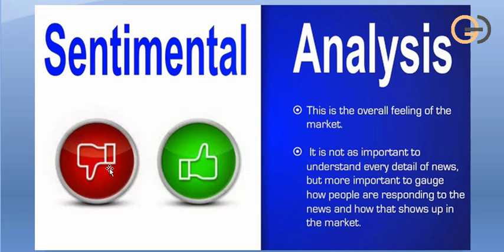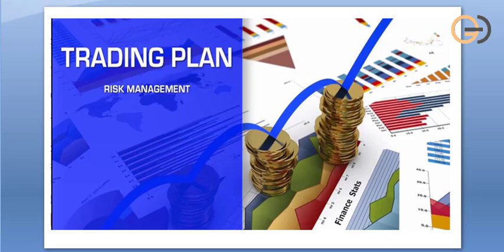So after knowing all of this, the next thing you must do is create a trading plan. This is very, very important, and it is the gateway to being proficient in trading. You need to have a trading plan. As a trader, you need to know when to trade, how to trade, and what to do and what not to do. You need to be specific with your trades.